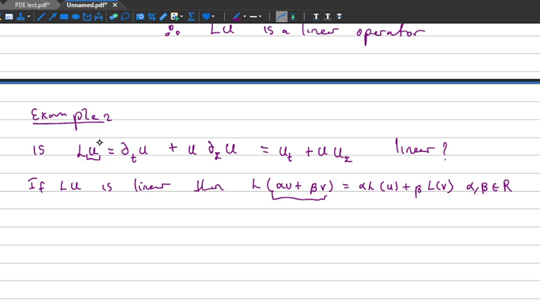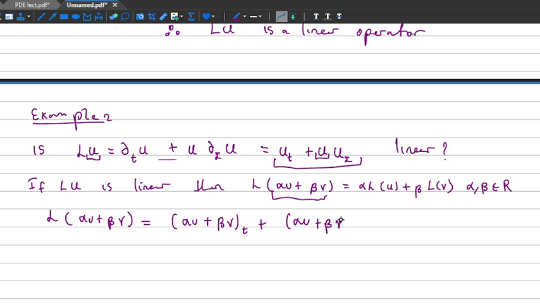So now L, where there is U, we replace with alpha U plus beta V. This will be equal to, let's use this form of the differential equation, alpha U plus beta V with respect to t plus, here there is a U, so it will be alpha U plus beta V, then again times alpha U plus beta V with respect to x.